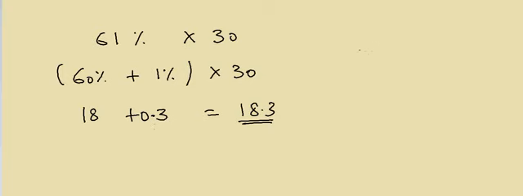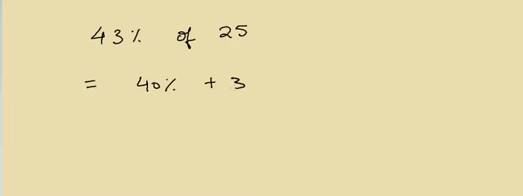Right? So again, let me give you one more example. If I have 43% of, say, 25, then how will I calculate that? In that case, I can say 40% plus 3% of 25.